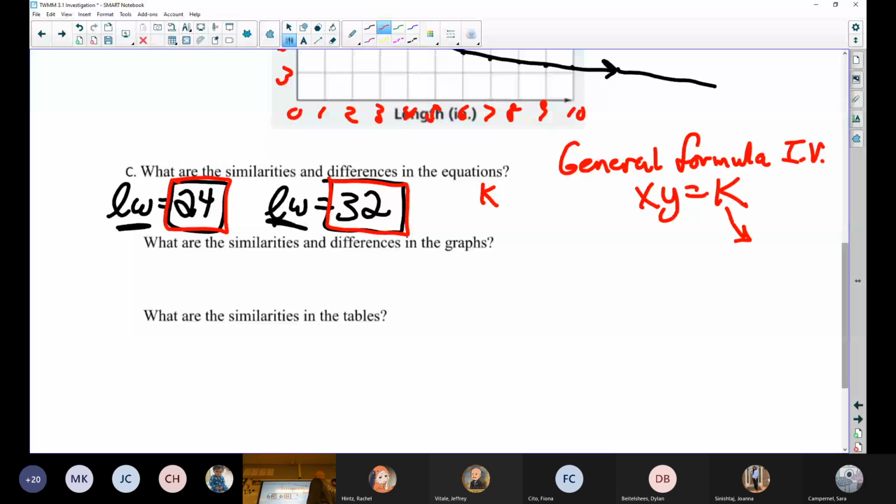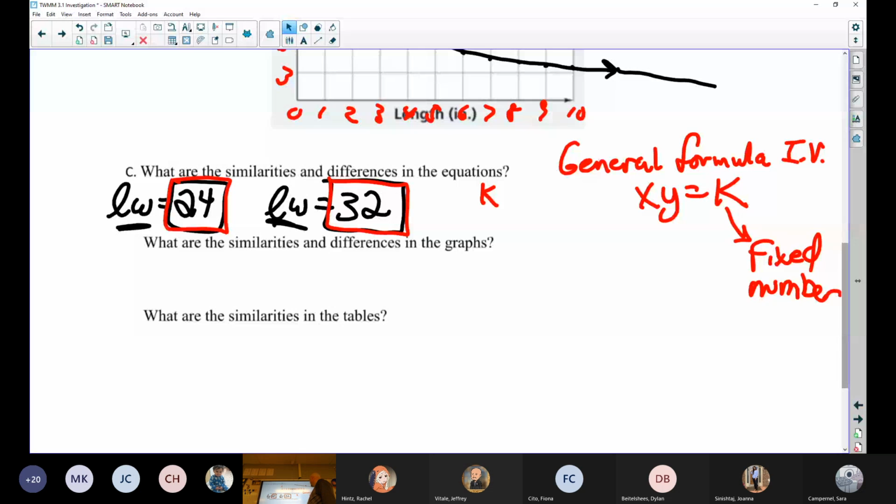And k is that fixed number. We don't use the letter C because we use the letter C for the word constant, and it's not. So k is that fixed number, okay? And that's the general form.